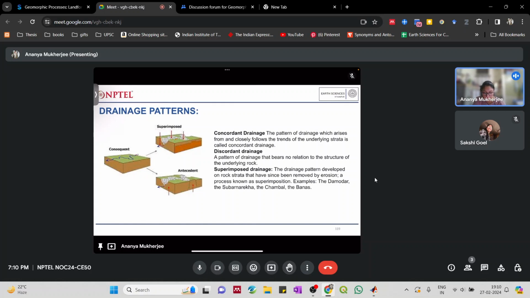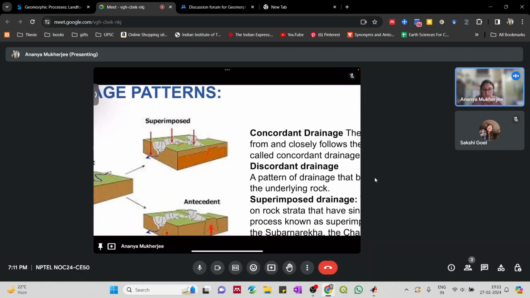antecedent, you can see over here that due to uplift, we can see an uplift over here, but not much has changed in the way that the river is flowing. So this would be a kind of concordant drainage. And then superimposed, this uplift you can kind of see over here. I'm not sure how clear it is.